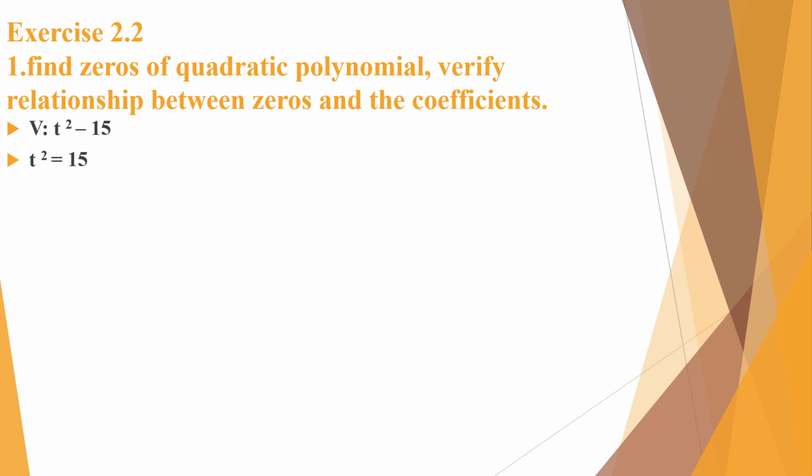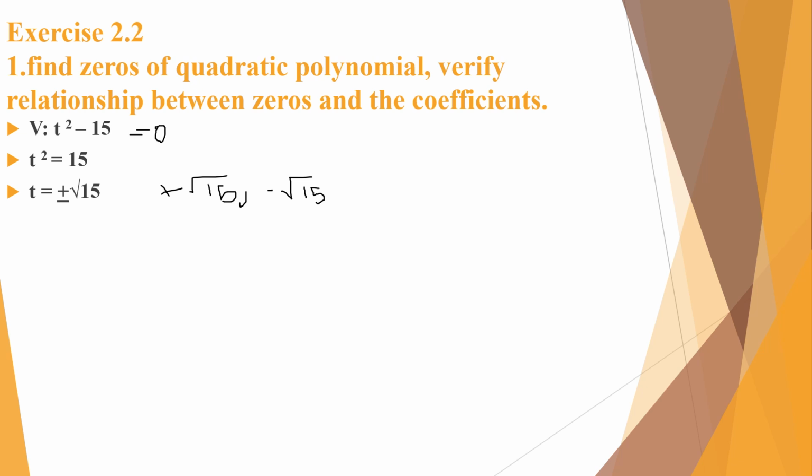Taking the square root on both sides, t equals plus or minus root 15. So the zeros of the polynomial are plus root 15 and minus root 15. These are the zeros after equating the polynomial to zero.